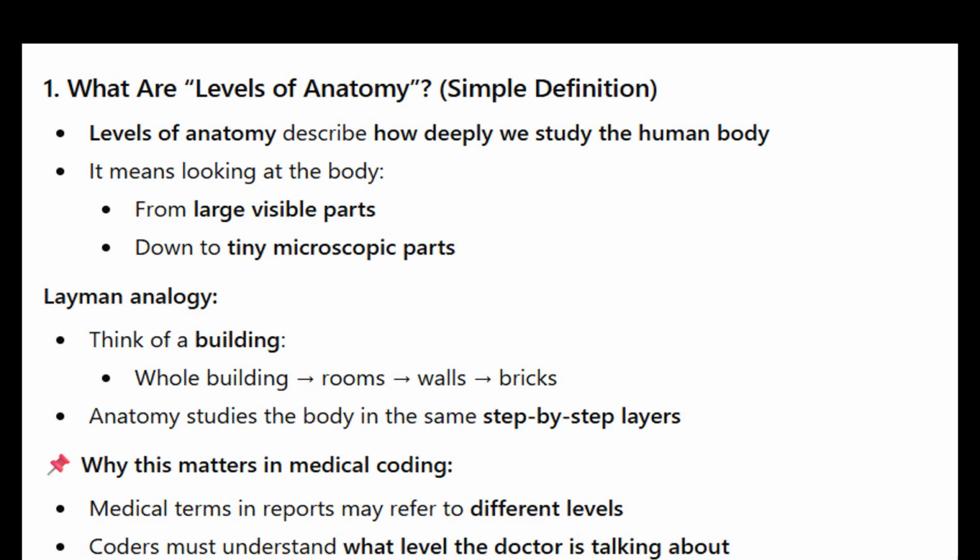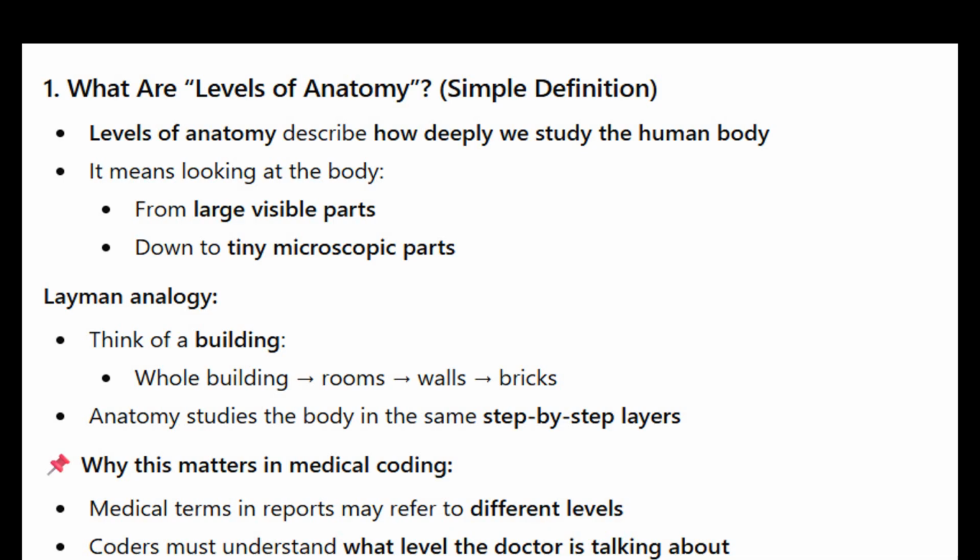So we are giving just one simple statement: levels of anatomy describe how deeply we study the human body, and it mainly means looking at the body from the large visible part down to the tiny microscopic part.